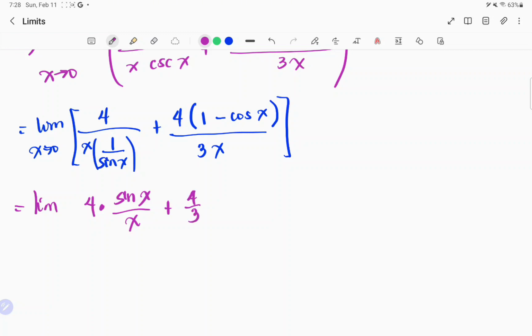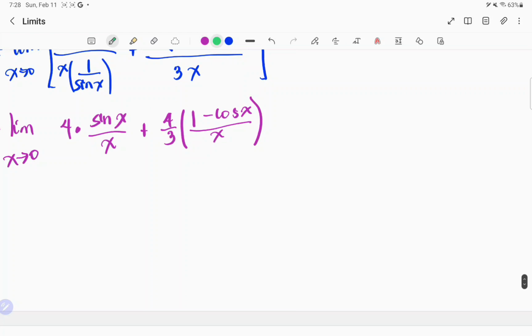I am going to separate 4/3 as one factor because I want to regroup 1 minus cosine x over x, because 1 minus cosine x over x is a special function equal to 0 as x approaches 0.